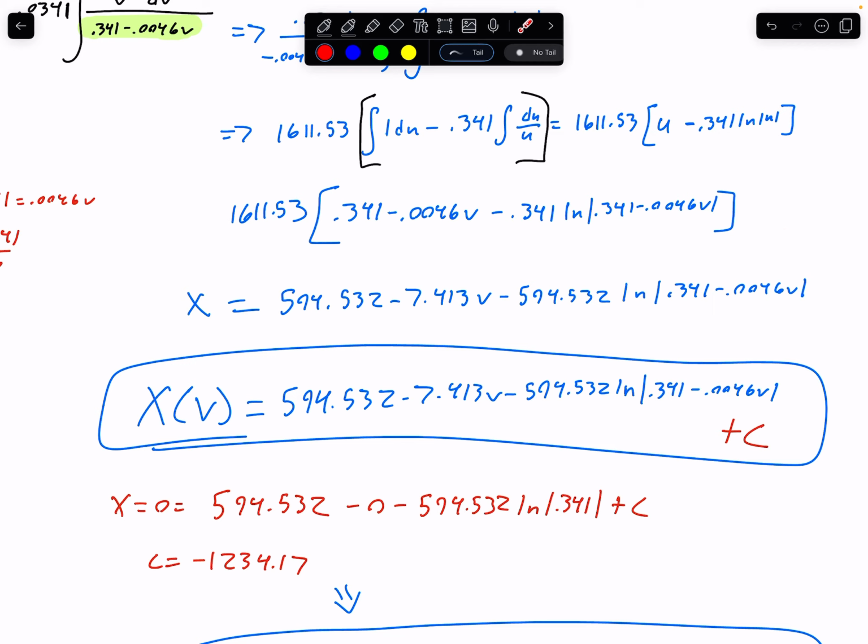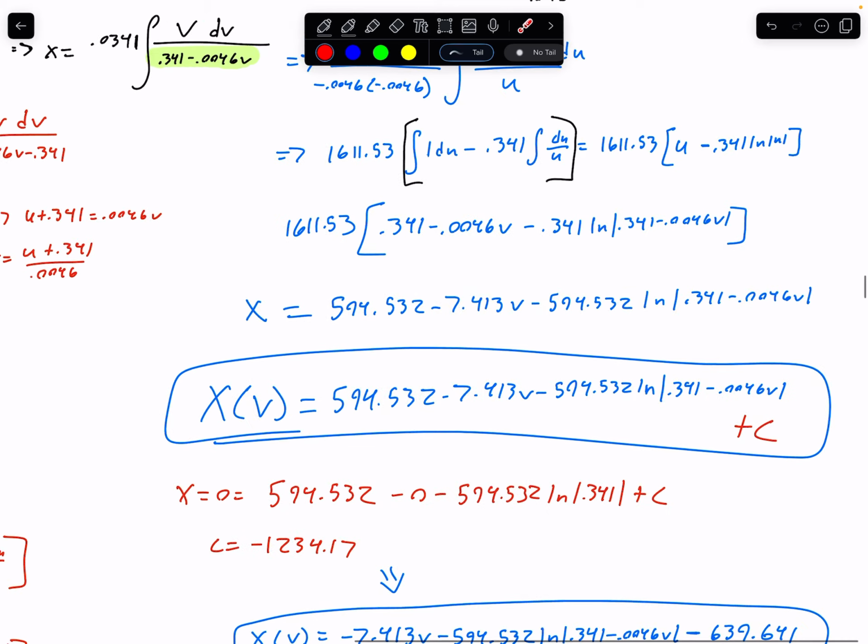I'm honestly not sure if I'm supposed to put it in normal brackets or not, but if we divided 0.341 divided by 0.0046, we would get the same terminal velocities later. Important to note, our plus c, because x of 0 equals 0, and if you put v equals 0, you take the natural log of 0.341.